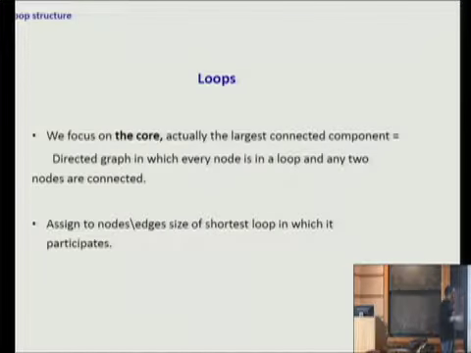We take this core and we assign to each word or each edge the size of the shortest loop that passes through this edge or this word. It tells us something about the connectivity. So if I have 2 loops and then a little string running from the top loop down to the bottom loop, that would all be one core. Yes.